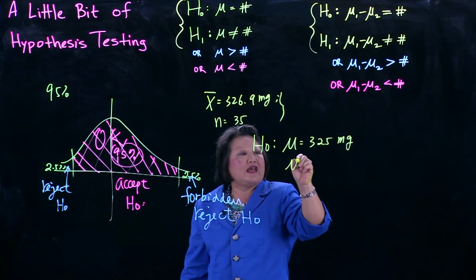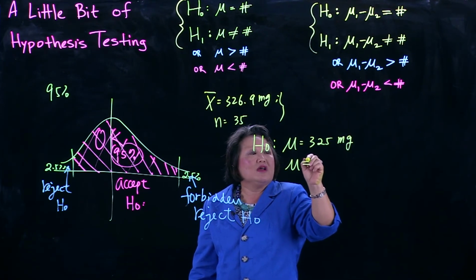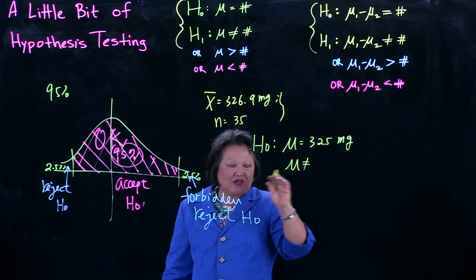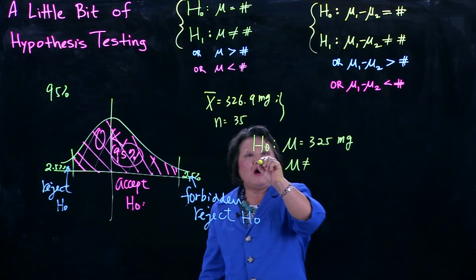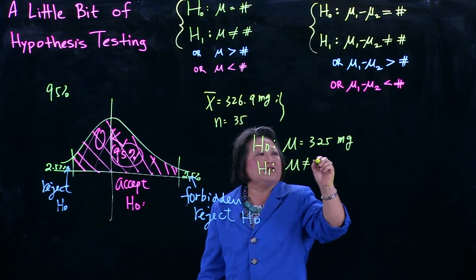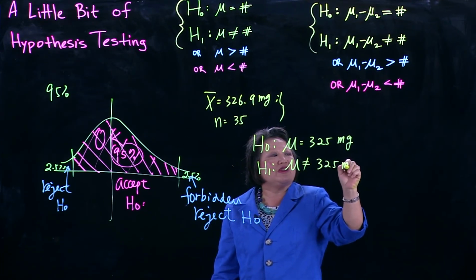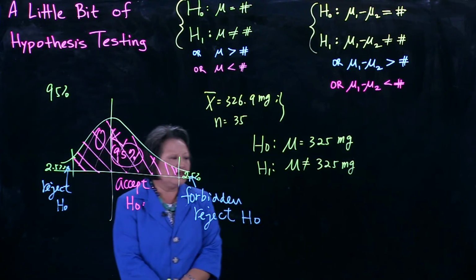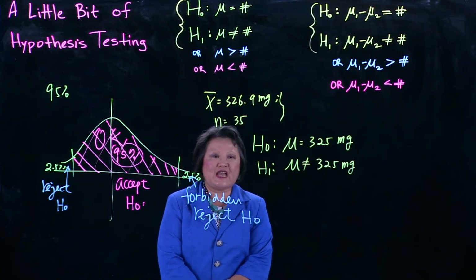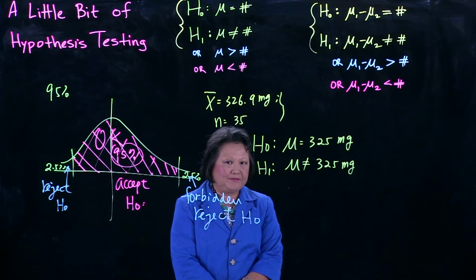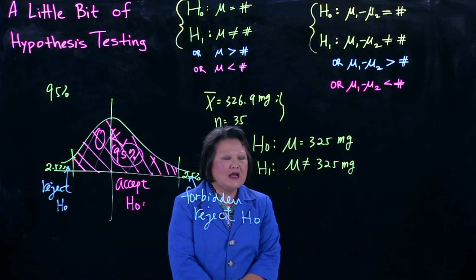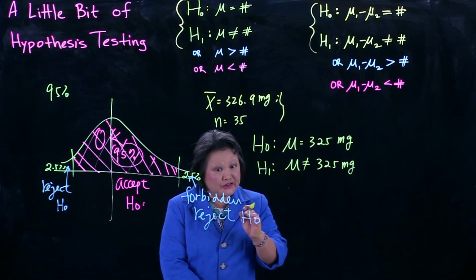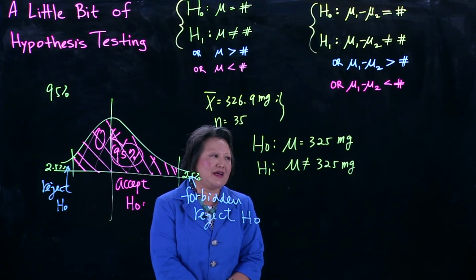Now, if it's not equal, then you have to scrap the whole thing. Let's suppose you're not interested in whether it's larger than or equal to. Then your alternate is, I want to see if it is 325 or not equal, because if it's not equal, I've got to improve my purification process or something. But suppose it is better to be under than over, because of overdose or something.